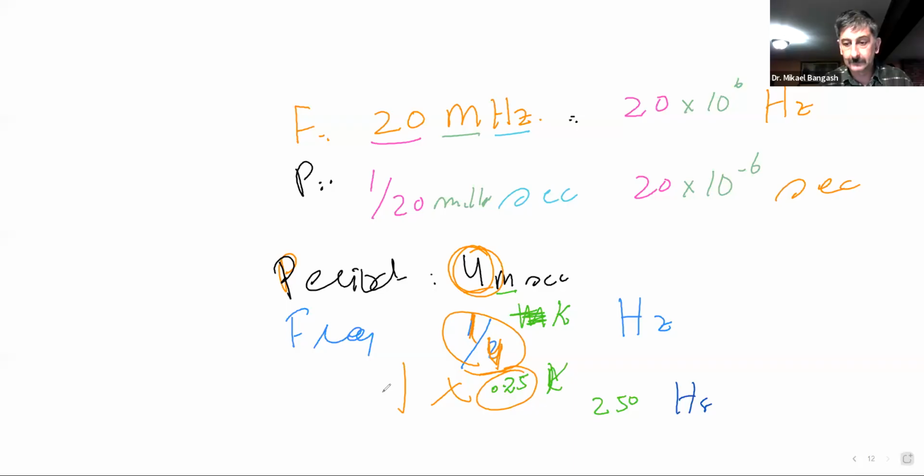So in that sense, that's what we say, that they are reciprocal. But even if you look at the unit of frequency, what did we make it up of?